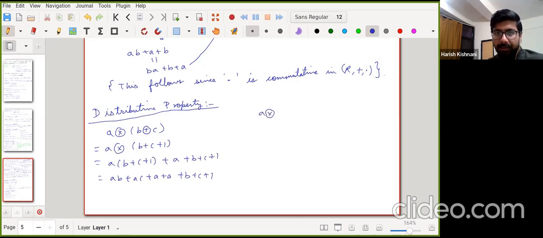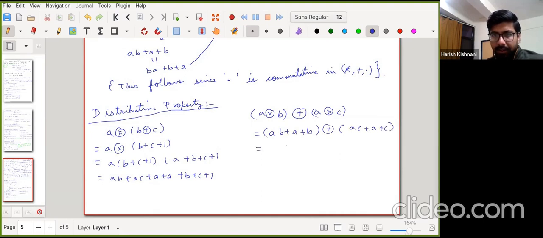That is A plus B added with A multiplied with B added with A multiplied with C. So these two things have to be same. Then you can say that the multiplication is distributive over the addition. So that is same as AB plus A plus B, and one has to add it to AC plus A plus C.